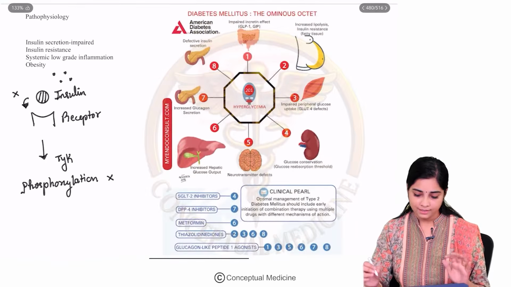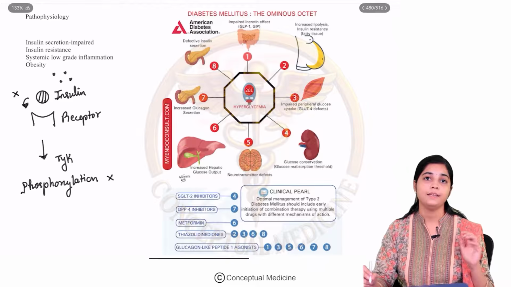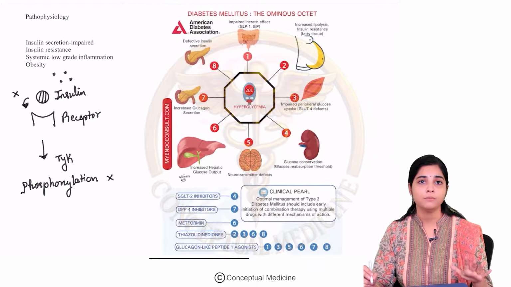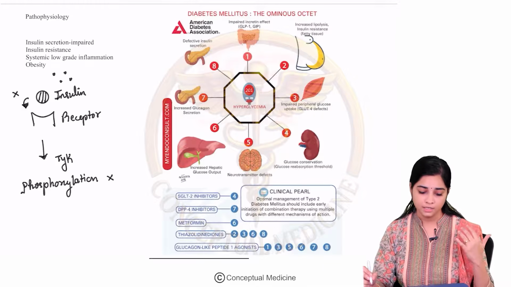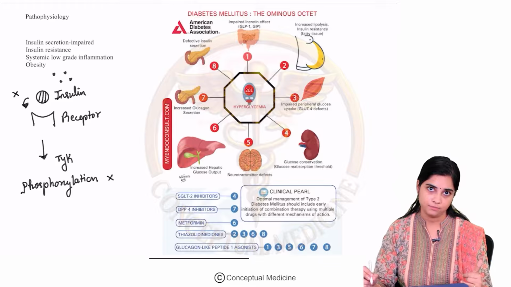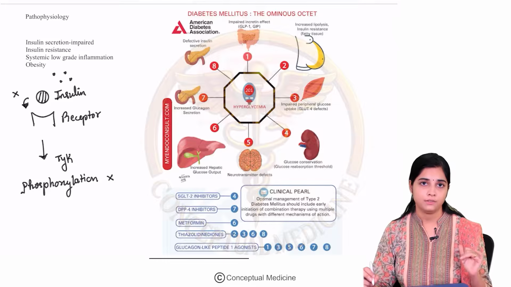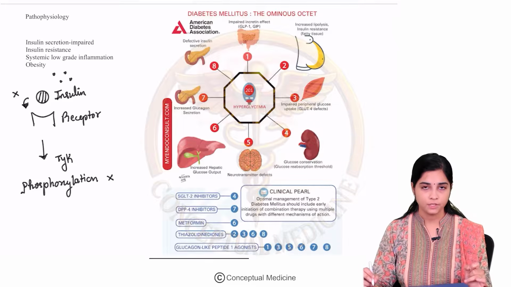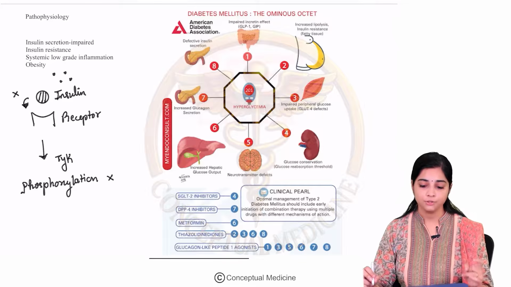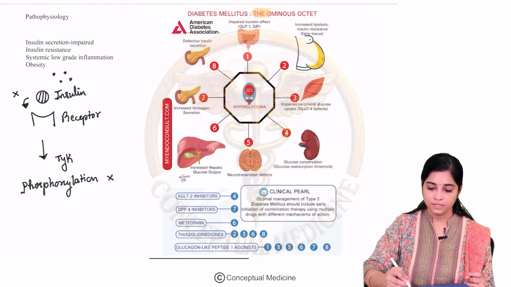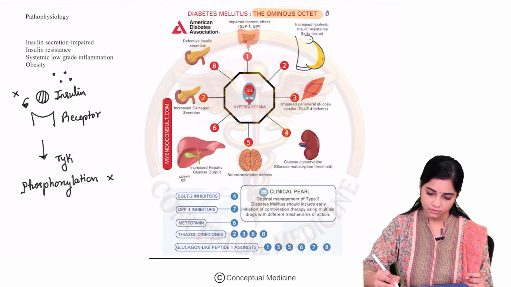So let us understand the pathophysiology of type 2 DM. It is something very, very interesting. The catchword that you should remember is the ominous octet of DeFronzo.